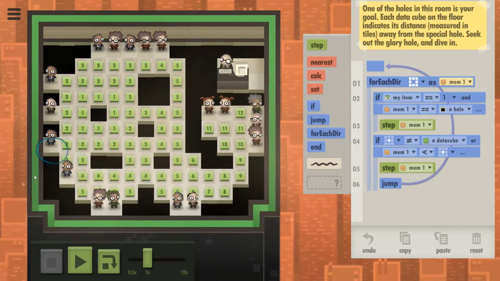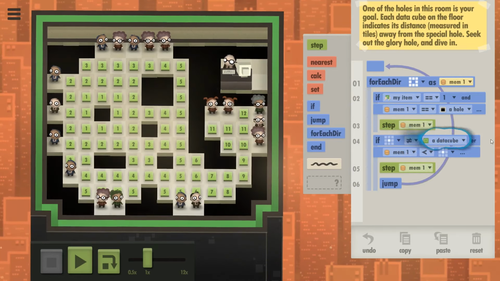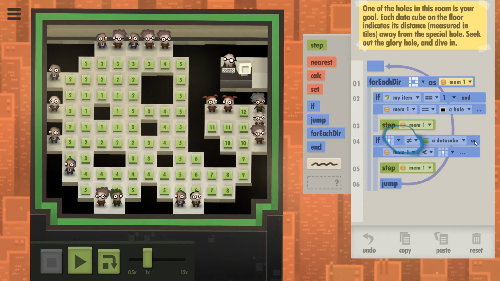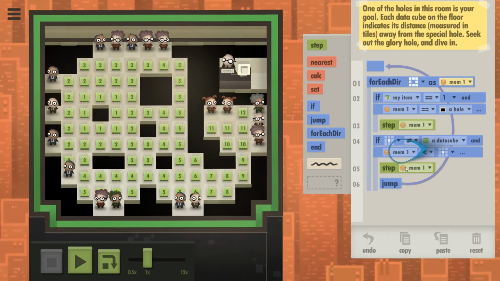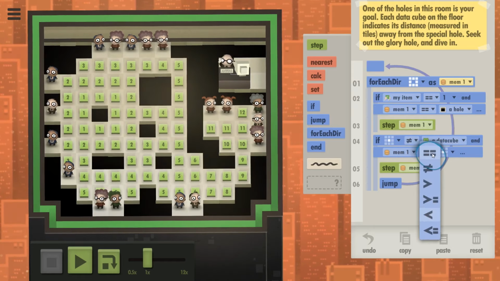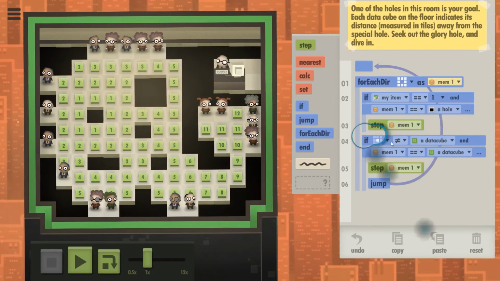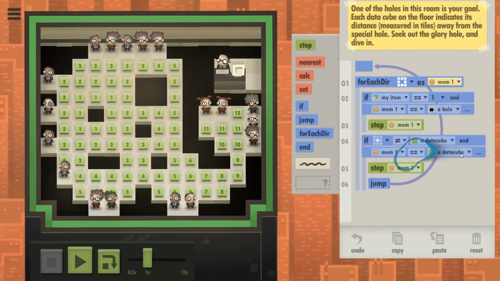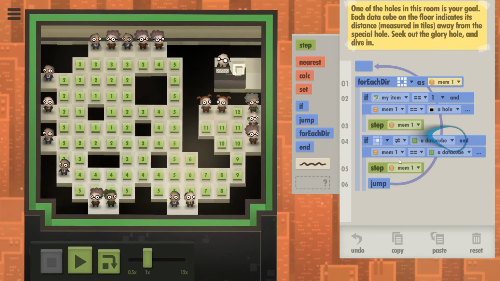Yeah, okay. Yeah, this fails because of this. And memory 1 is a data cube. So for each direction, where I am is not a data cube and memory 1 is a data cube. We step to memory 1.